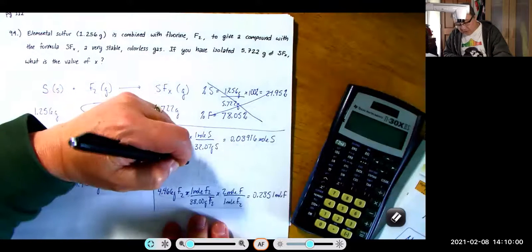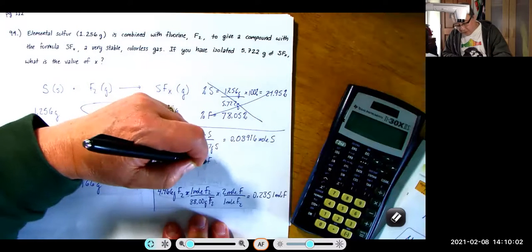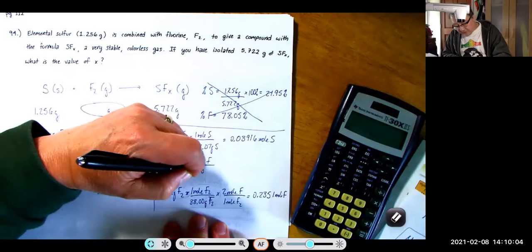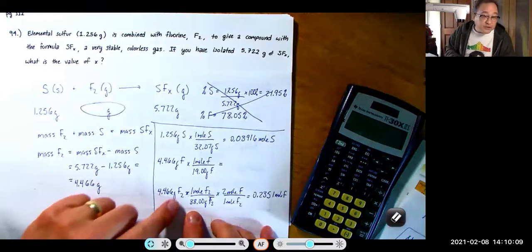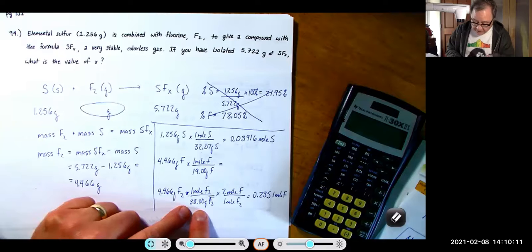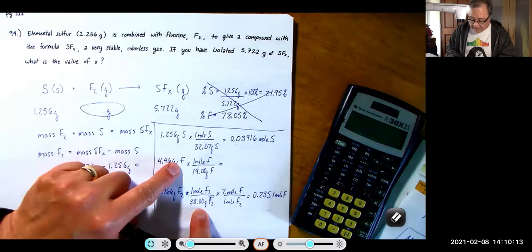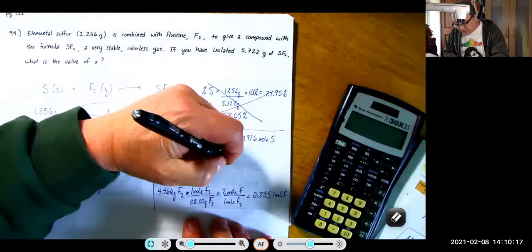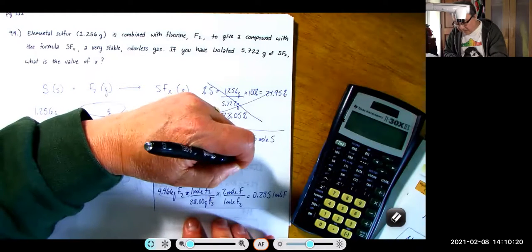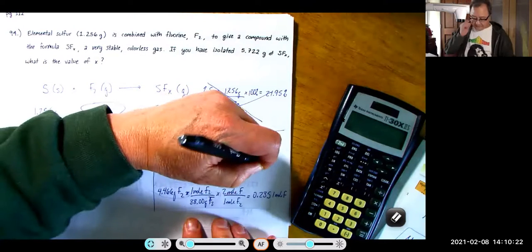Let's do the same for the above. We're going to do 1 mole of fluorine per 19.00 grams of fluorine. So notice here, if I start with F2, I have to use the molar mass of F2. If I start with fluorine, I have to use the molar mass of fluorine. When I put this into my calculator, I get 0.2351 mole of fluorine.